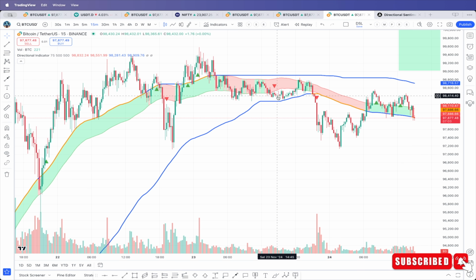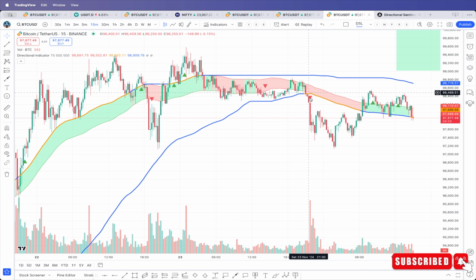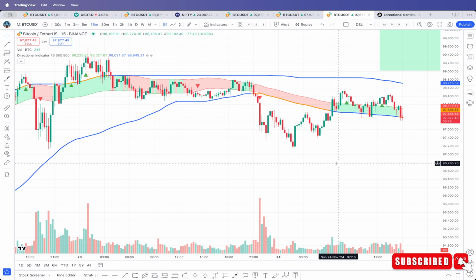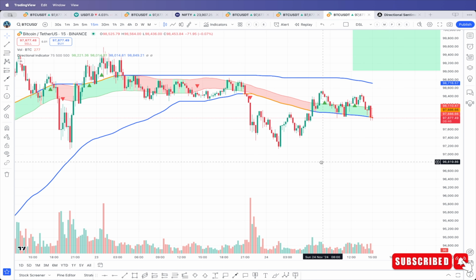This time we got a signal because there is a certain condition. And after that, it was in the red zone, and then it tried to recover and then went down again. Similar here as well.